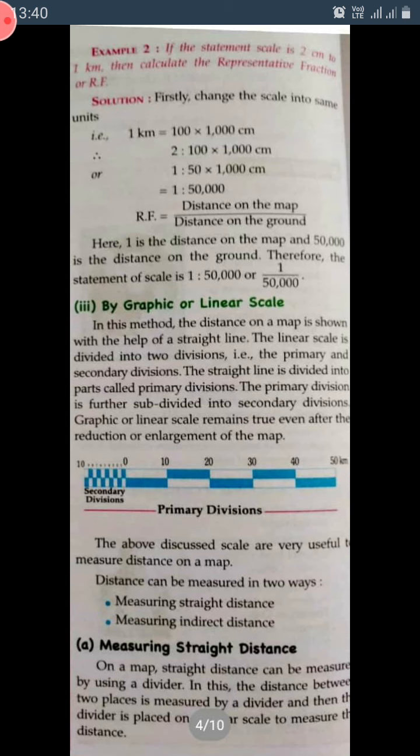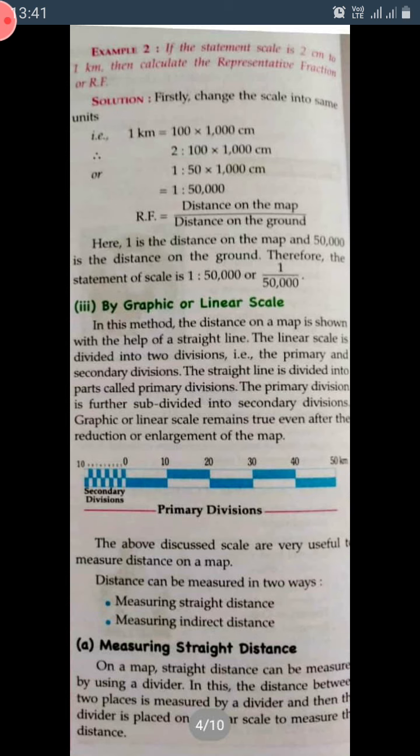So you can see the graphical scale on this page. The one division is divided into 0 to 10. So there are 6 divisions, and it is equal to 50 kilometer. So with the help of this graph we can measure the distance of the places on the map.